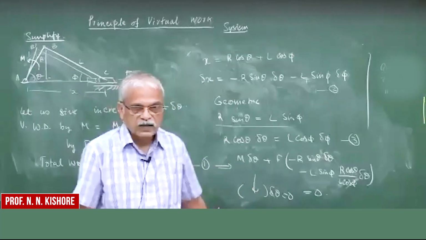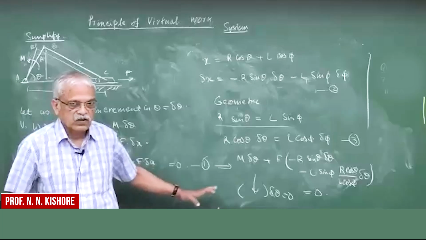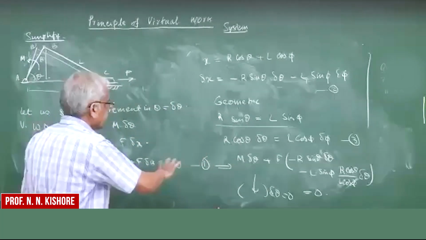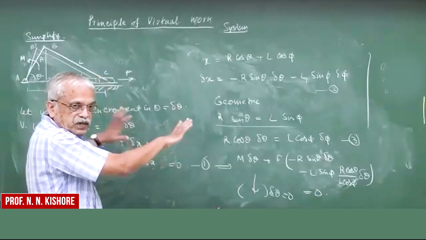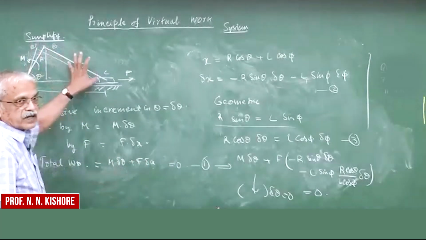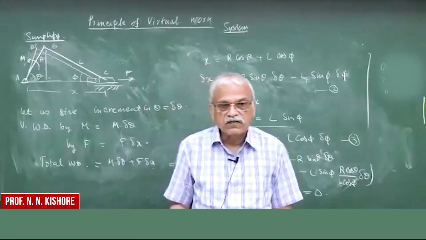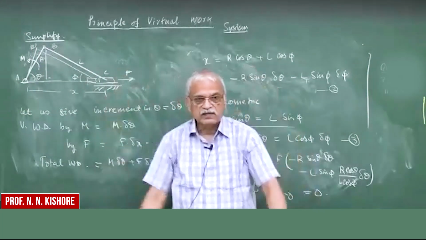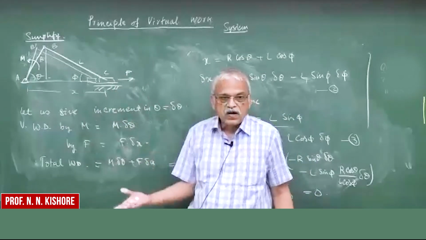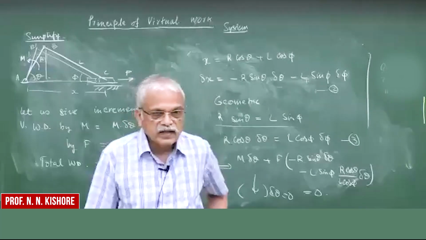I hope you understand this. The geometry here is very simple compared to drawing the free body diagram and trying to eliminate a lot of unknowns and then simplify. This is just one relationship. I'll continue this in our next class.